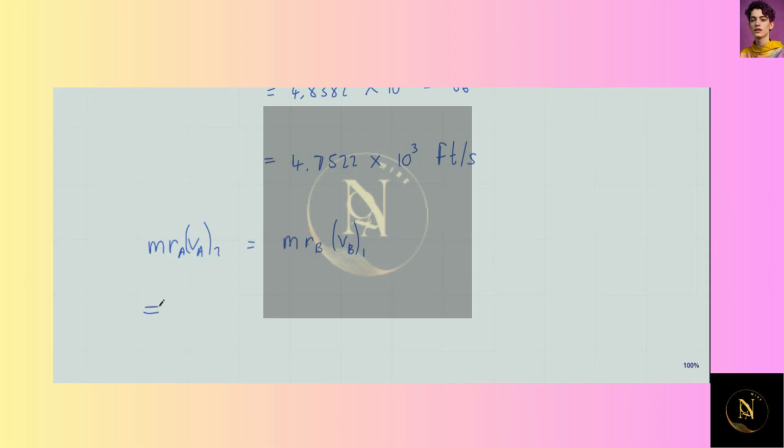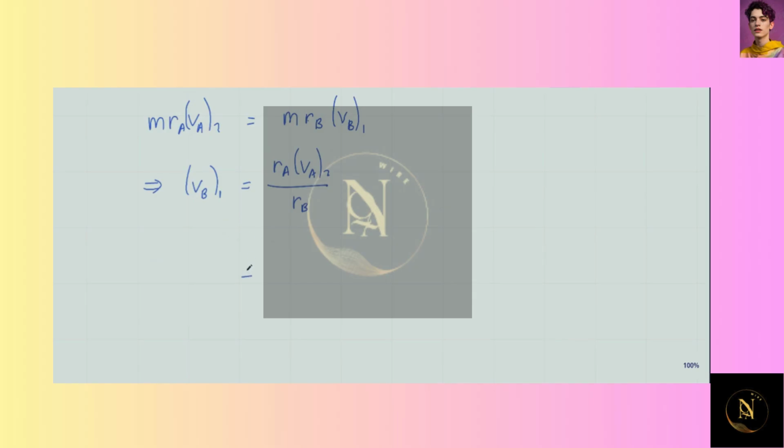And so if we rearrange this equation, we can find the velocity of the space vehicle as it approaches B, VB1, to be RA VA2 over RB. And all these values are known, so we can calculate this transfer velocity as well.